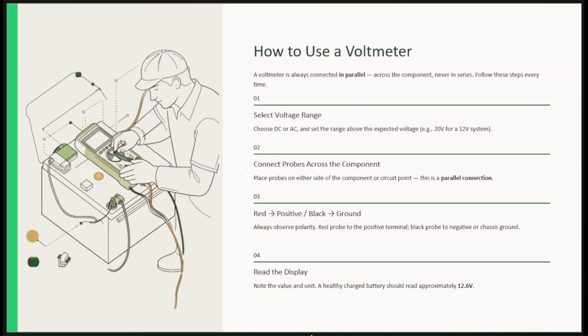Now, how to measure voltage? Voltage is measured using a voltmeter. Voltmeter should be connected in parallel by checking the polarity. Polarity means, see, if you have a battery here which has two terminals, positive and negative, and you have a voltmeter here, positive side should be connected to this, negative side should be connected to this.